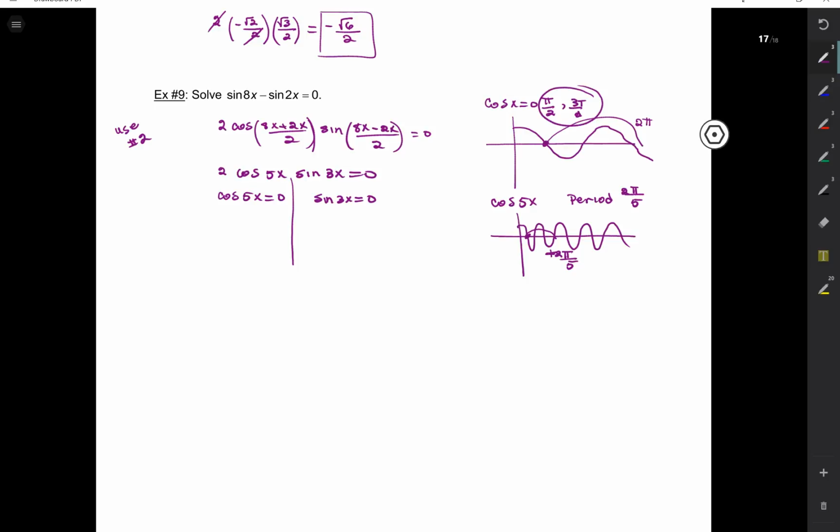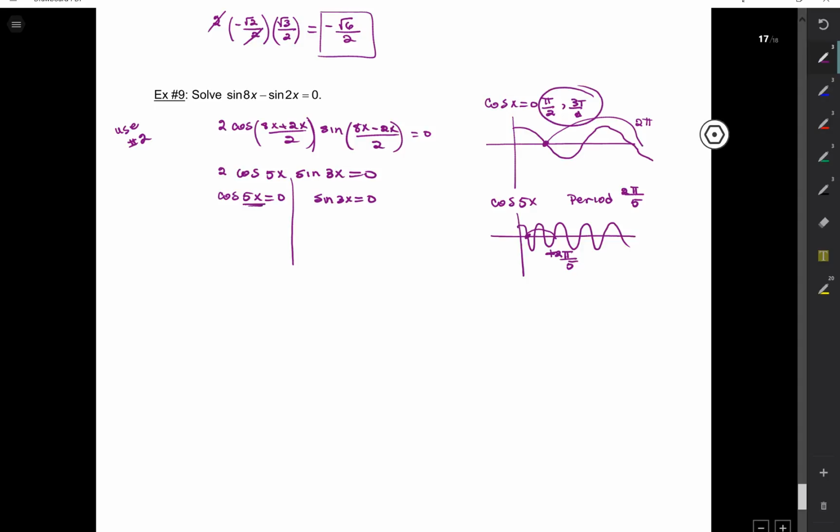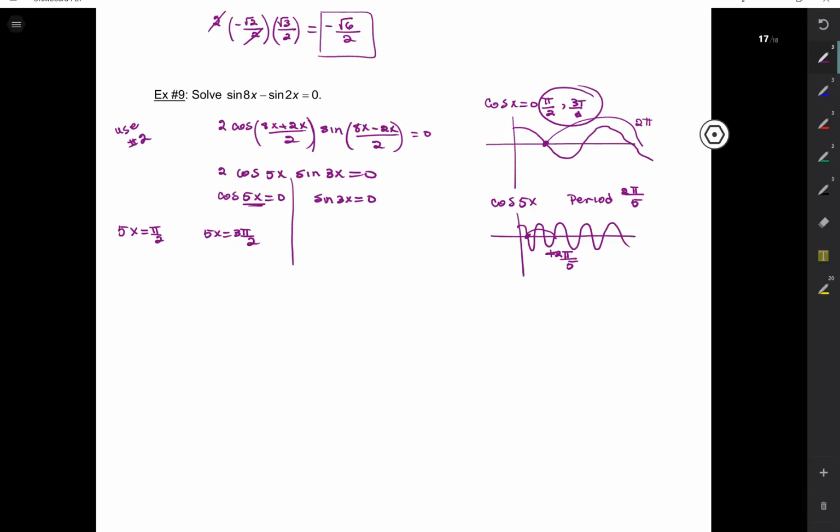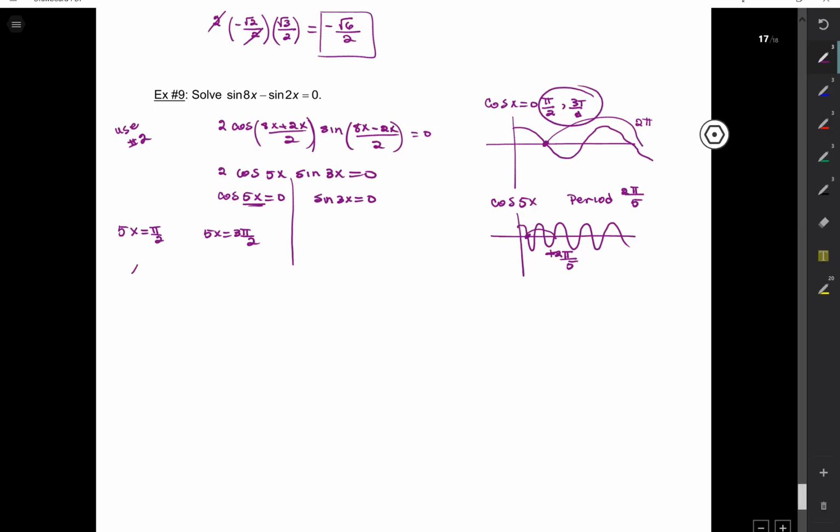So, let's get back to this. Now, cosine of my angle equals 0. Cosine is 0 when the angle is equal to pi over 2, and when the angle is equal to 3 pi over 2. All right? So what's x equal to?